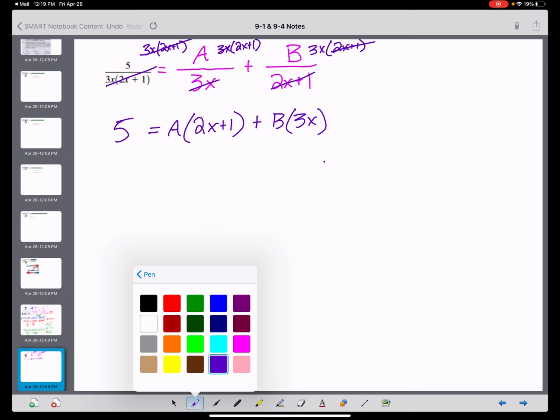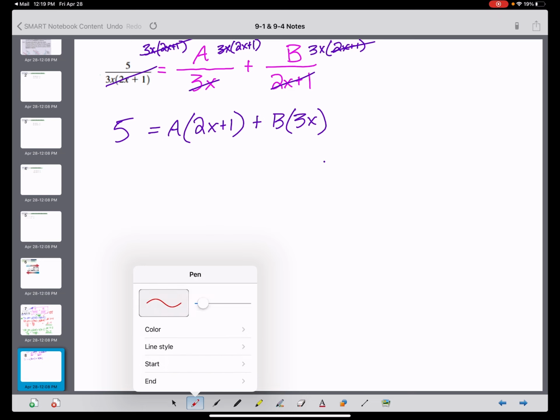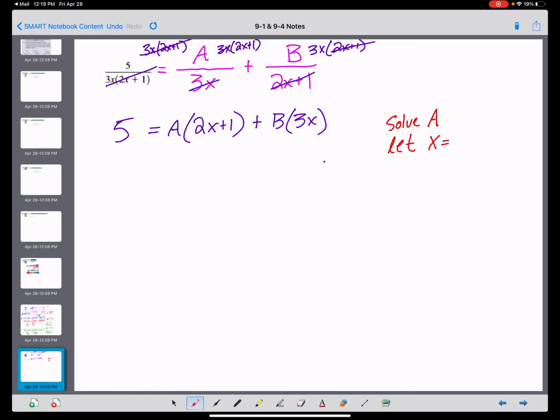And we're trying to solve. The goal is to solve for A and B. If we want to solve for A, then we let x equal something that gets rid of B. If I have B times 0, I know it'll go away because B times 0 is 0. So what makes 3x equal to 0? When x equals 0.